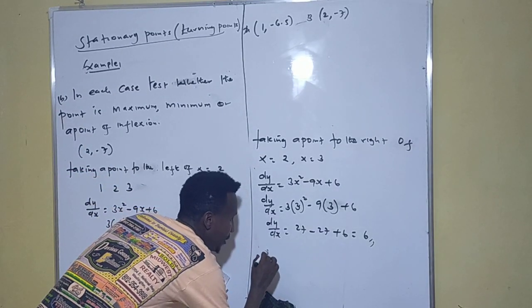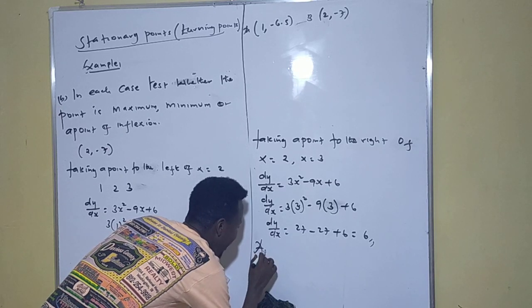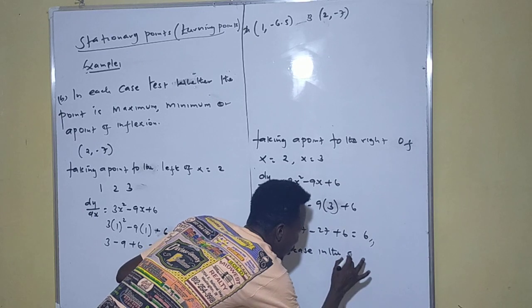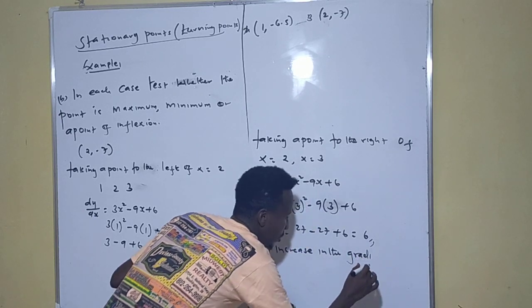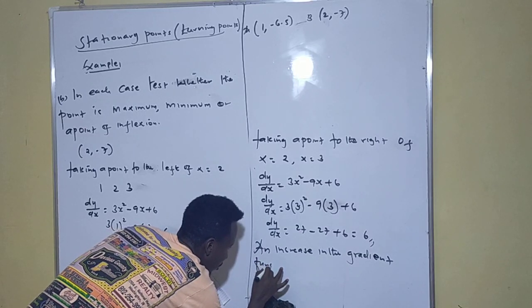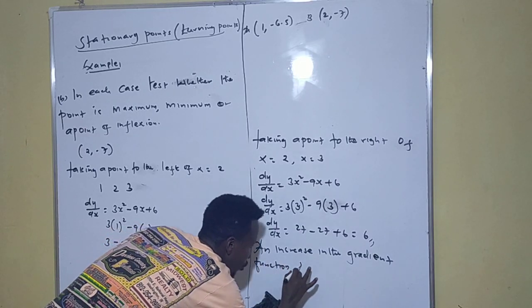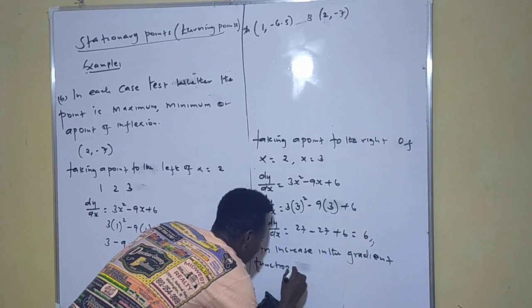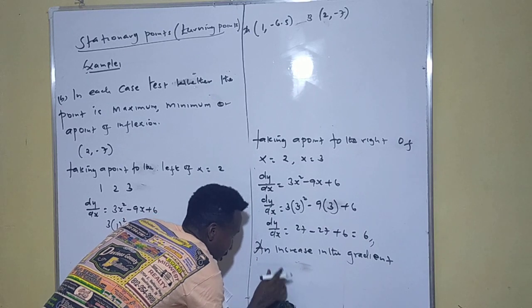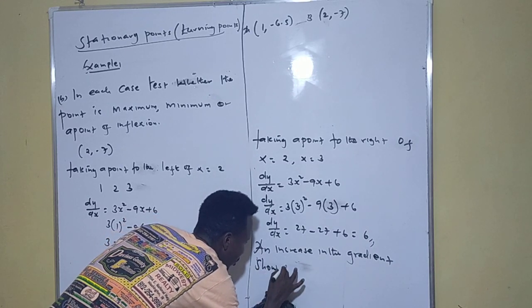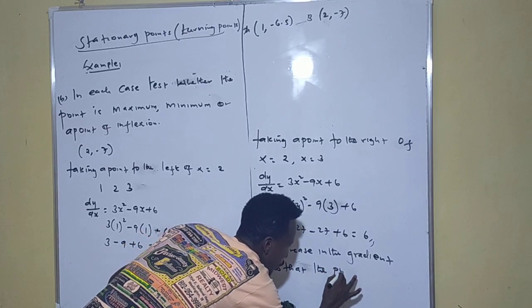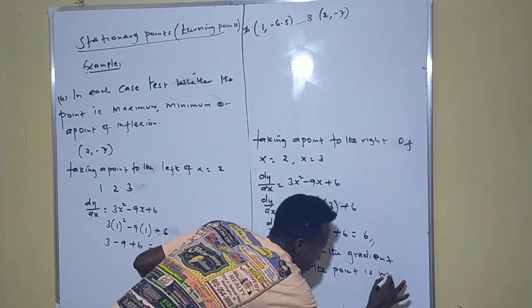So we are going to say an increase in the gradient shows that the point is minimum.